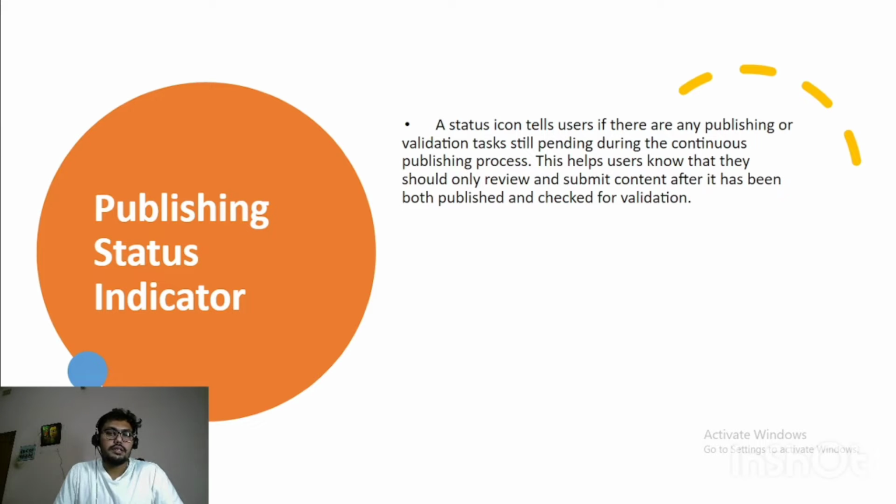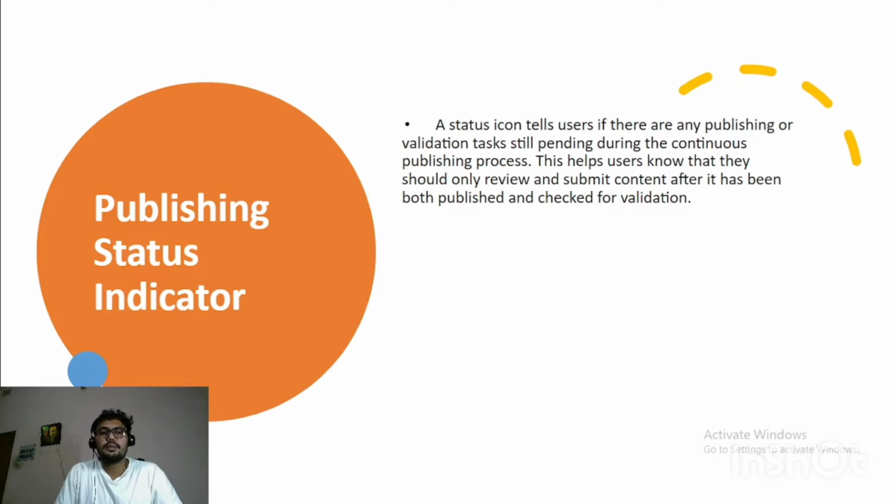And the publishing status indicator, that sign or symbol you can see under the submission record: green, half orange, and orange. The symbol is like a circle. This symbol basically indicates whether your content is published or not, or is in progress or not, right?